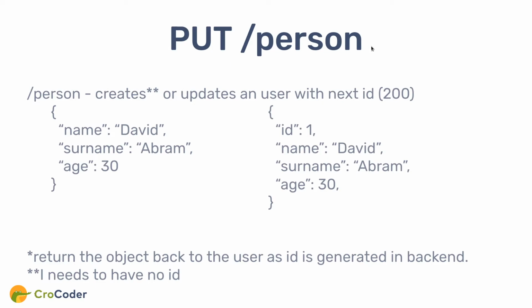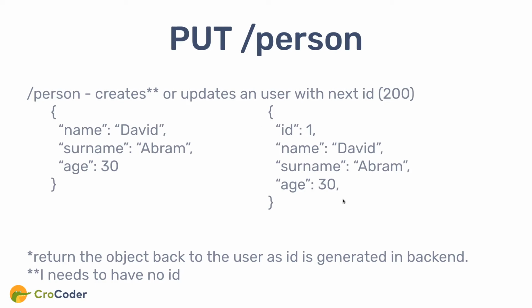Okay, so put. I prefer put over patch for updating. So put person actually creates or updates a user. The problem with put is if you pass something like an ID, it should probably update the item with that ID in the collection.